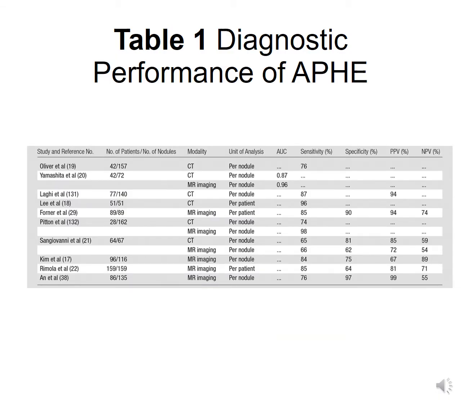Now, regarding the diagnostic performance of arterial phase hyperenhancement, studies have shown that it is more sensitive than other dynamic contrast enhancement features such as washout or capsular appearance for the diagnosis of a malignant HCC, with reported sensitivities ranging from 65 to 96%.